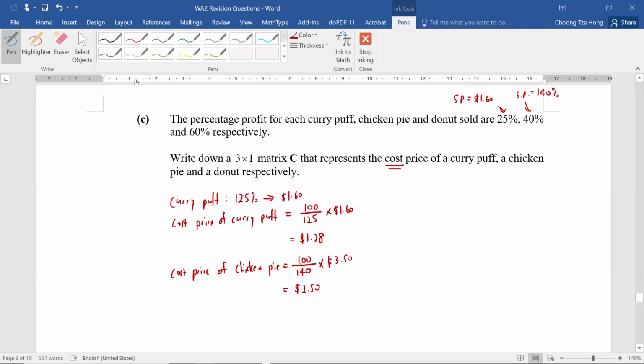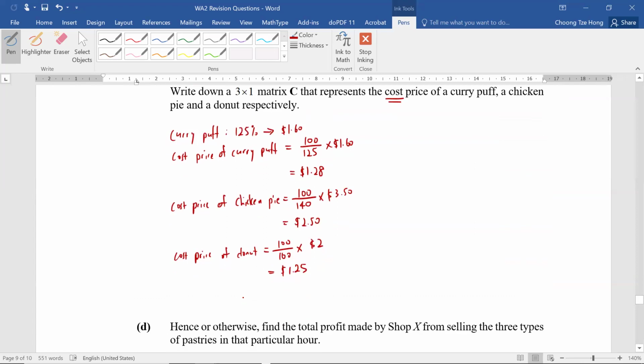We'll do likewise for the donut. The selling price is equal to 160%, so the cost price of donut would be 100 over 160 times $2. That will give us 125.